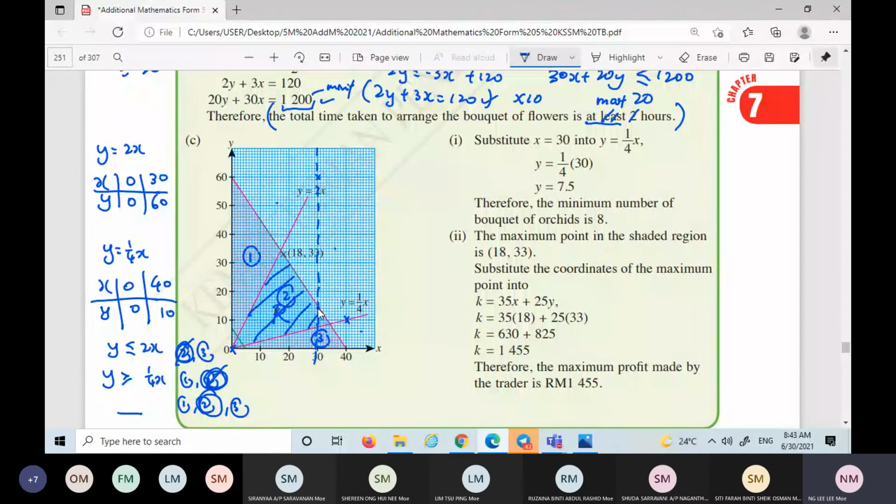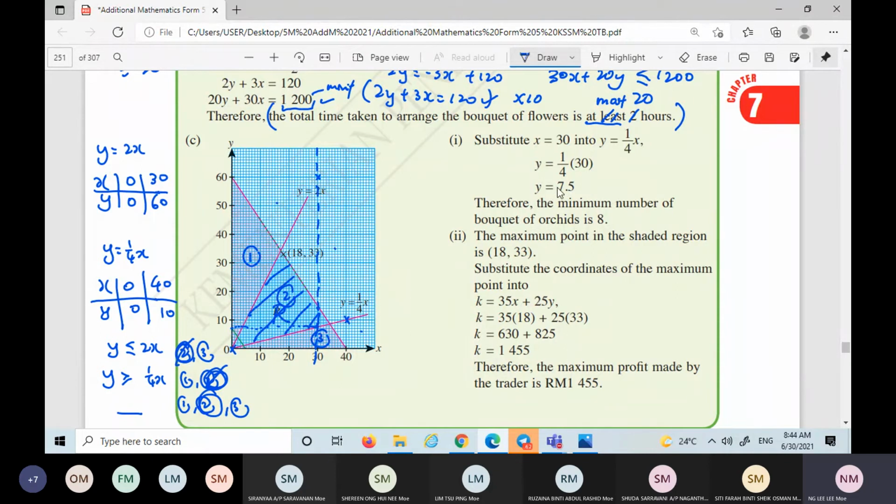This one will be the maximum. This one will be the minimum. So read from here. You cannot read it exactly, right? So what you can do is, because you know this line is this, you can substitute x is 30 inside here.